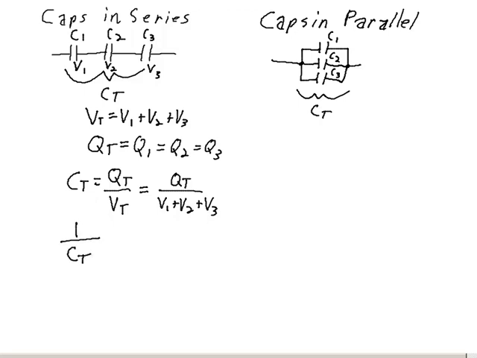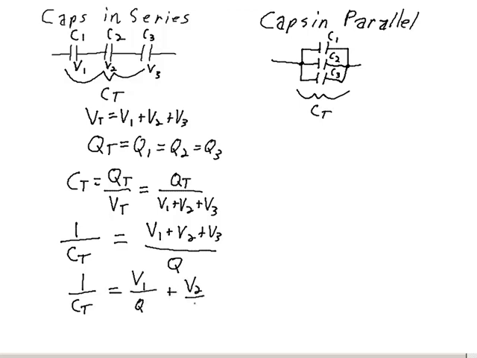We're going to invert both sides. So 1 over CT is equal to V1 plus V2 plus V3 over QT, or we'll just call it Q because it's the same Q on every one of them. So 1 over the total capacitance is equal to V1 over Q plus V2 over Q plus V3 over Q.